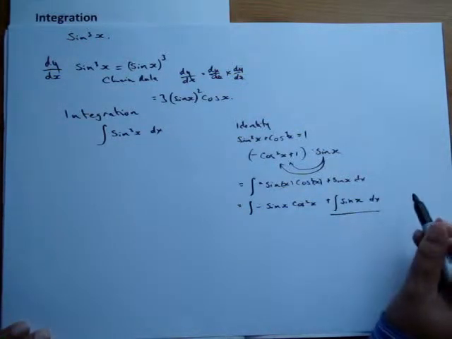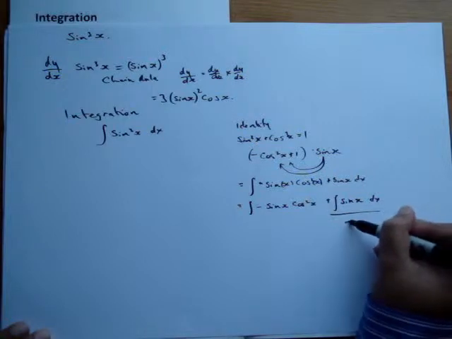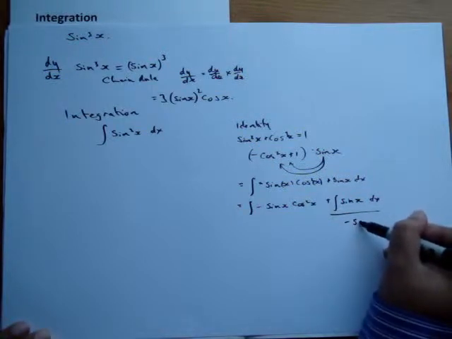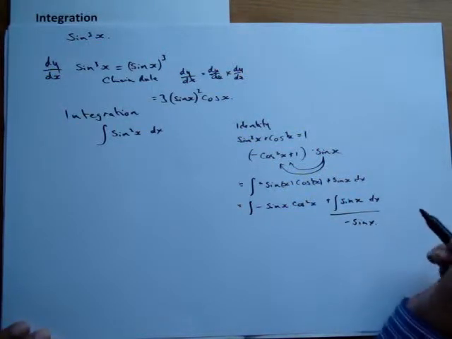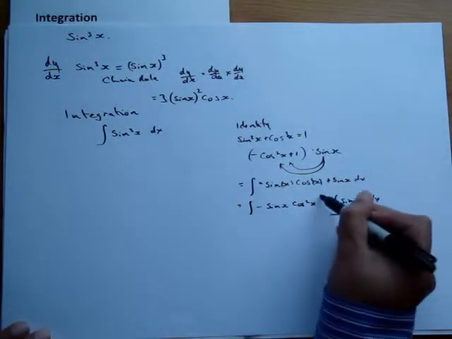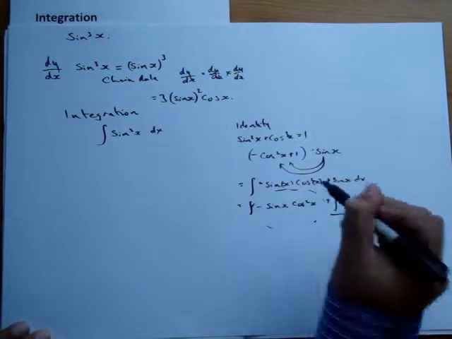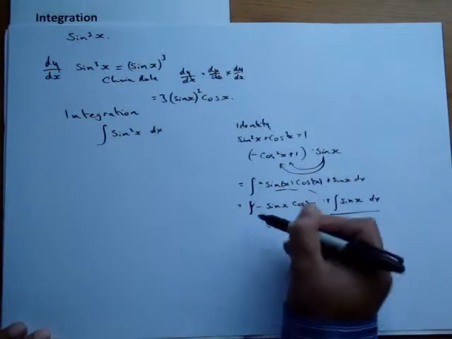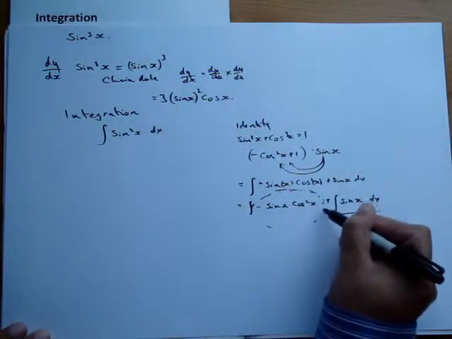This we already know the integral of is minus cos x. So this is what we want to apply U-substitution to. So this part here.